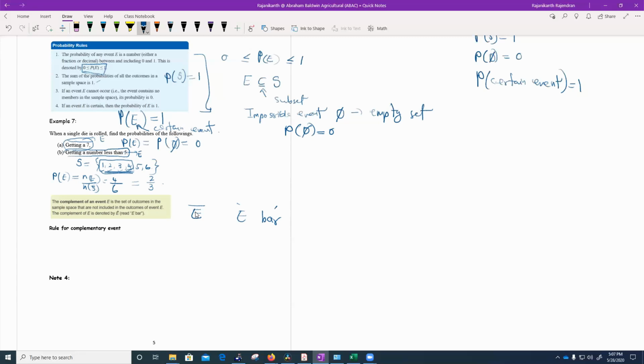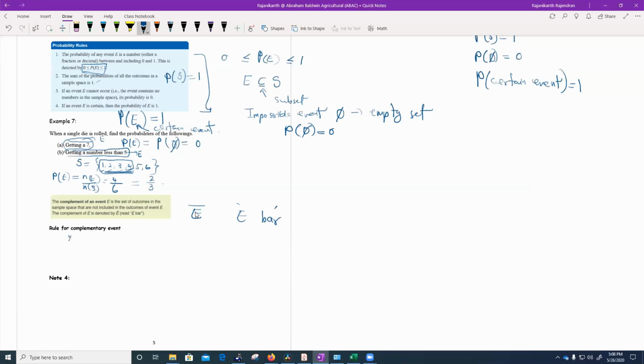Now there are some rules or properties we have for the complement event. In other words, what is the relationship between any event E and its complement event E bar? These are the three possible relationships we have. Let me write down those three.